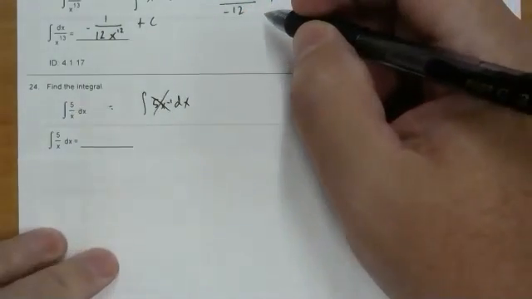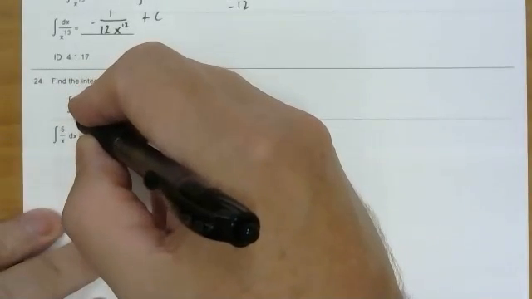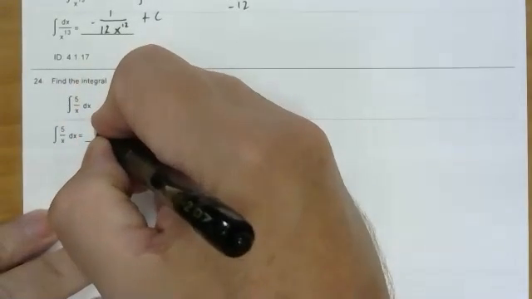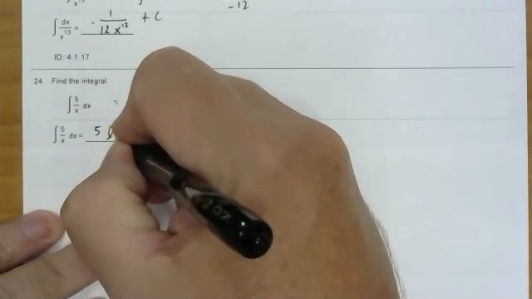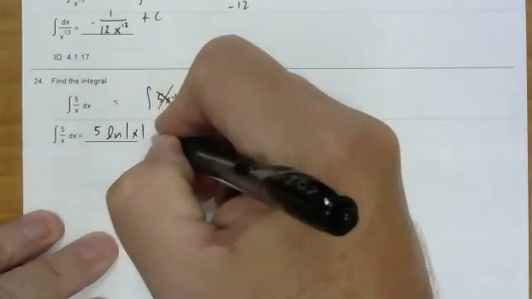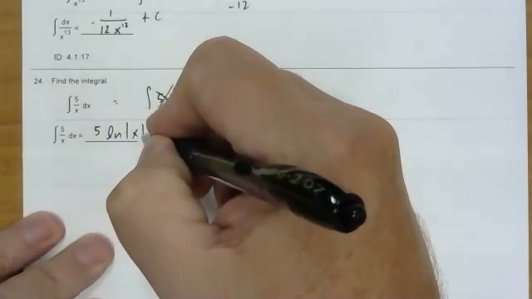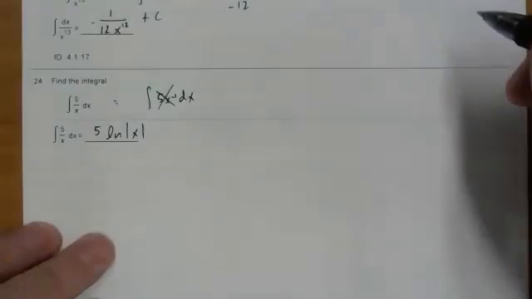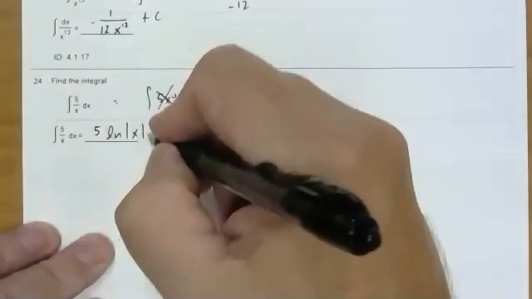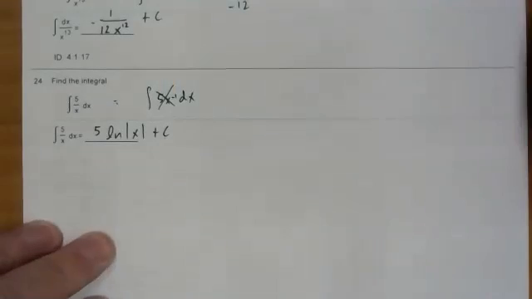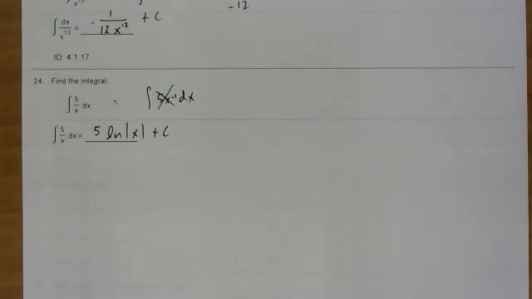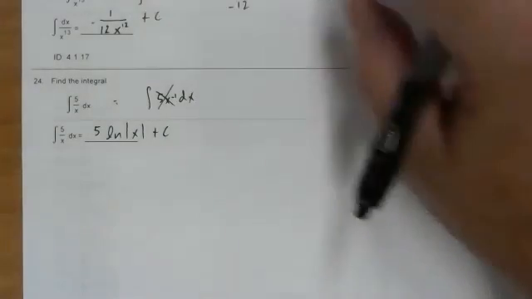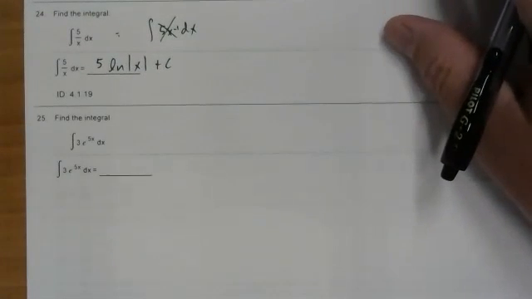This is a special rule. The integral of 1 over x is simply the natural log of x. Now the x has to be in the absolute value signs plus your constant. So that's one of the special cases of integrals.